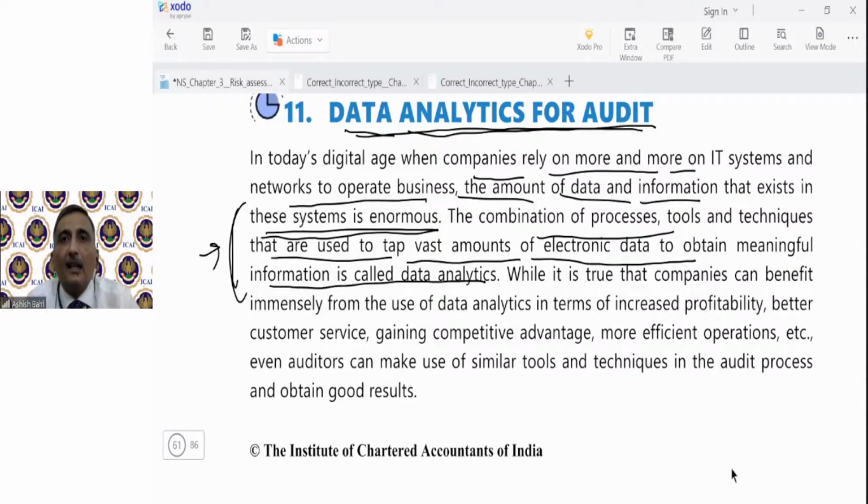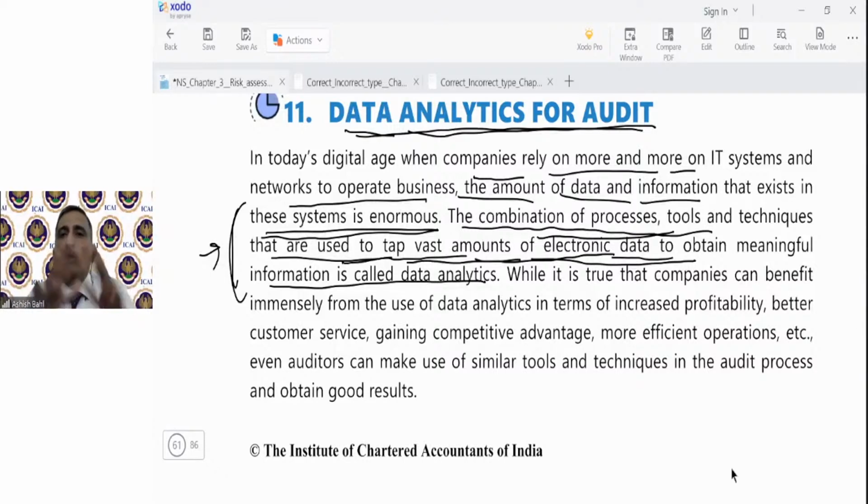So much data is being generated, students. Even if you want to check a sample, data analytics is useful, CATs are useful. That is why we say the combination of processes and tools used to tap, to understand vast amounts of electronic data to obtain information.